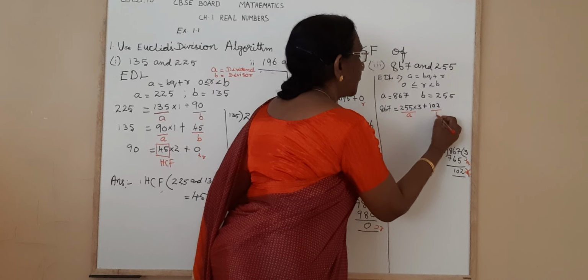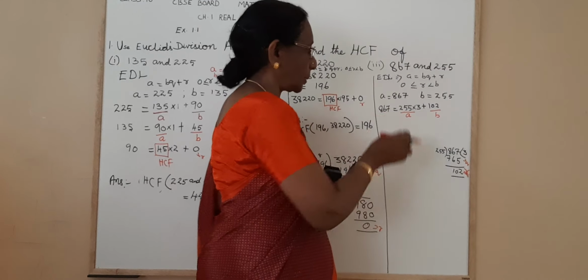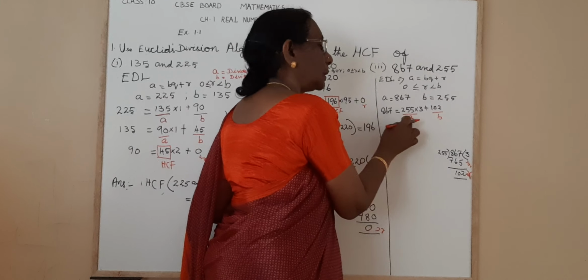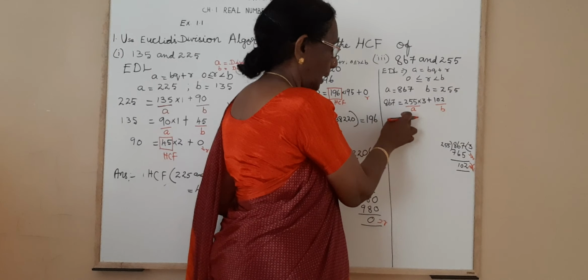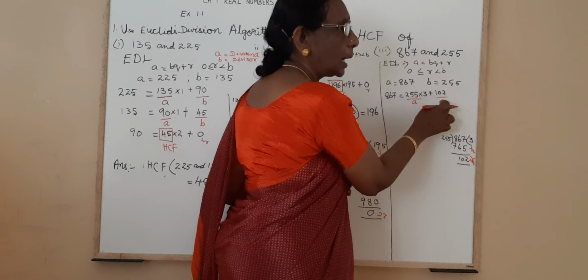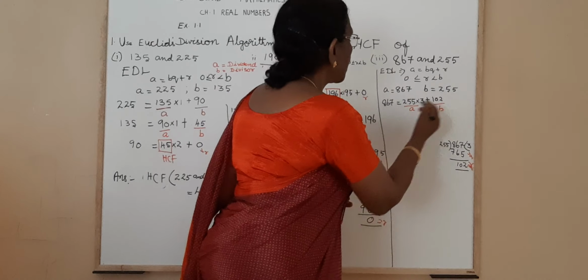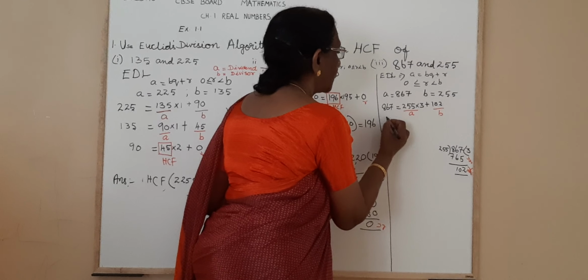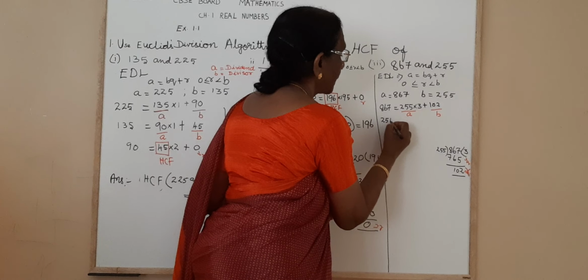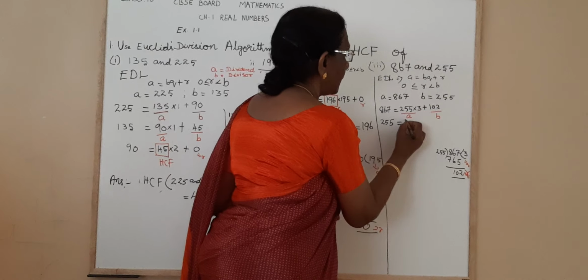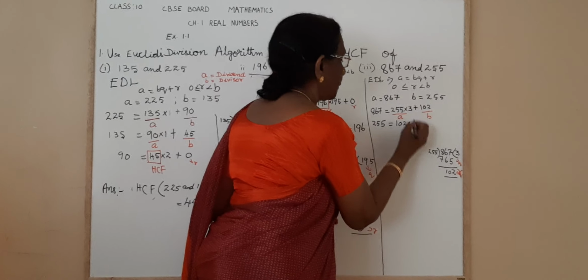B is equal to 102. The previous divisor will be the next step dividend and the remainder will be the divisor. So again we have to continue the step using Euclid's division lemma. A is equal to 255, B is 102 into.